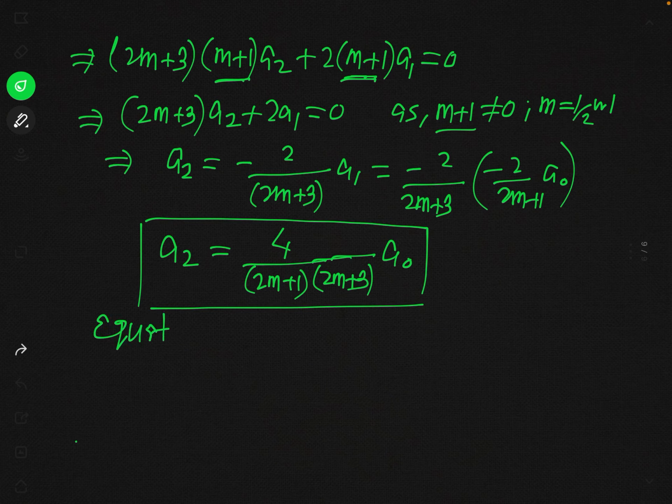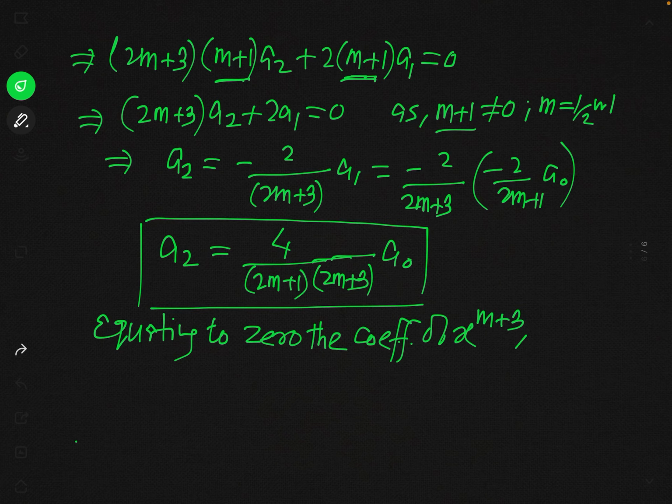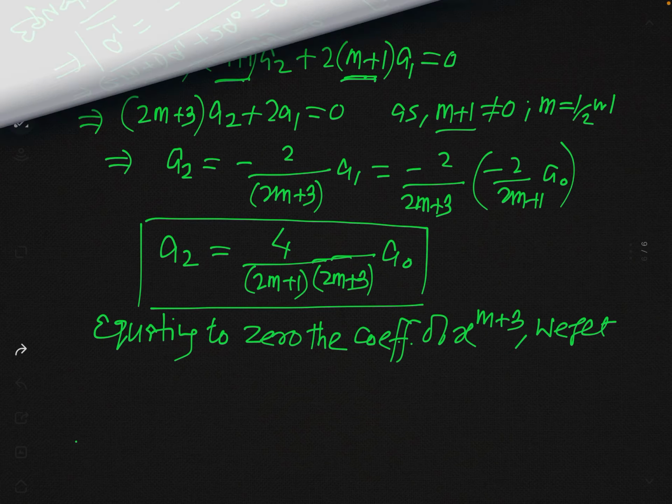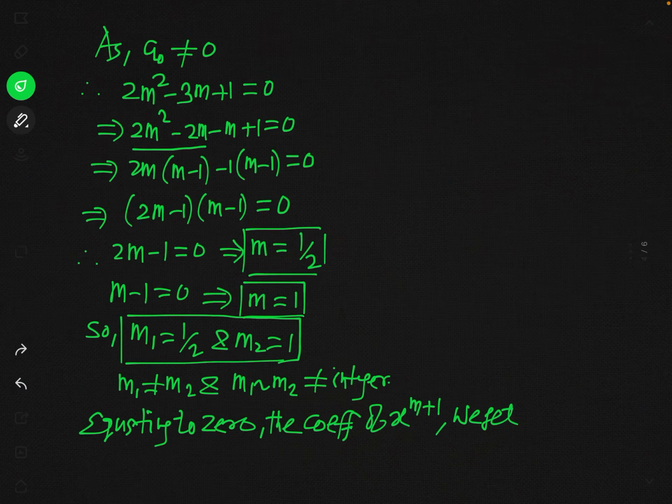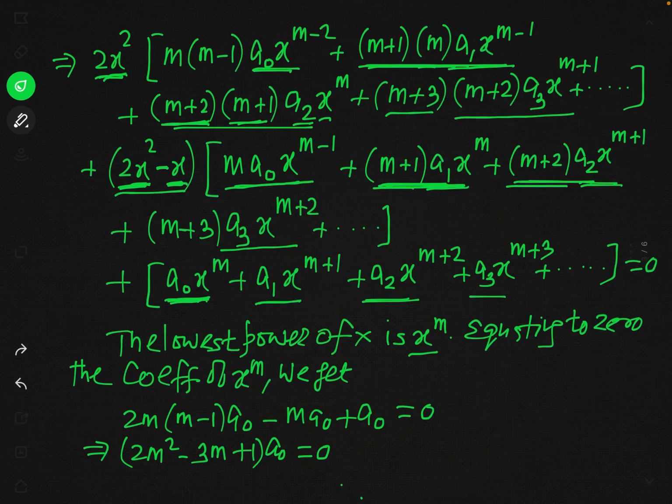So equating to 0 the coefficient of x to the power m plus 3, what will we get? You can see x to the power m plus 3.